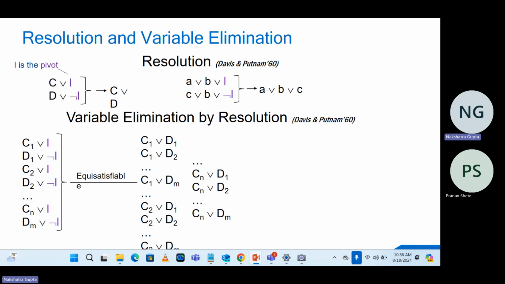And then, since C1 is not satisfied on the right-hand side, every D must be satisfied, because we have clauses C1 or D1, C1 or D2, C1 or D_i for every i. And thus all the D's on the left side are satisfied. All the clauses of the form D_i or whatever are satisfied because D_i is satisfied for every i, and every clause C_j or L is satisfied because we chose L to be true. That was just a proof that variable elimination is correct.